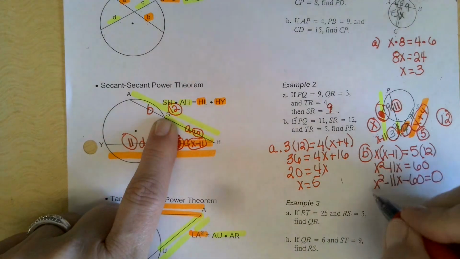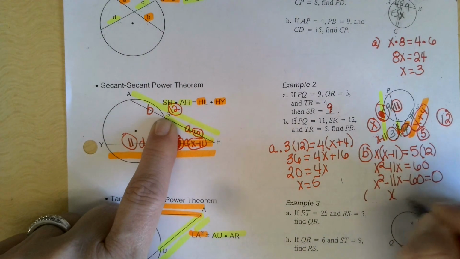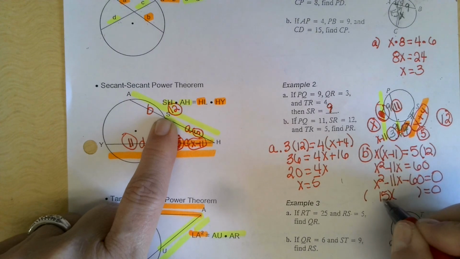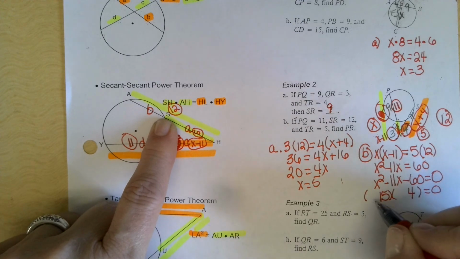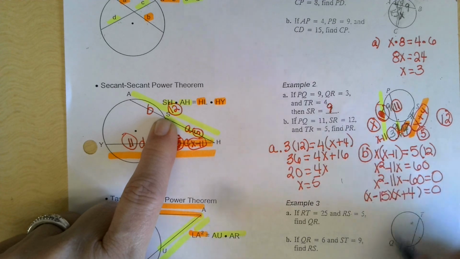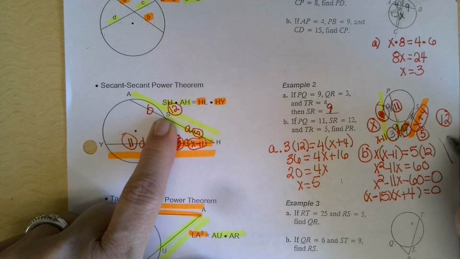All right, so the numbers that multiply to give me 60 are 4 and 15. There are plenty others, but those are the two that subtract to give me 11. So 4 and 15 give me 60, and if I subtract those, it gives me 11. The 15 would have to be negative, the 4 would be positive. There's your factoring. We're using the X factor.